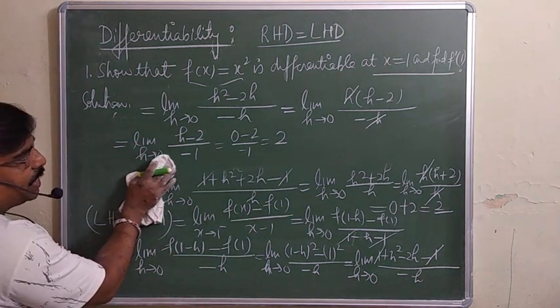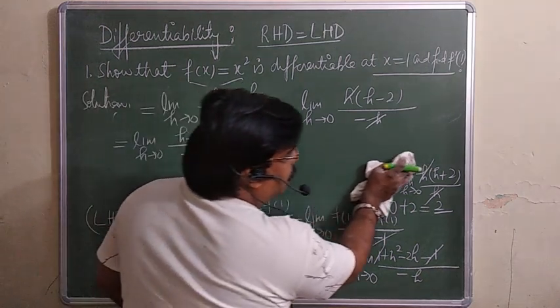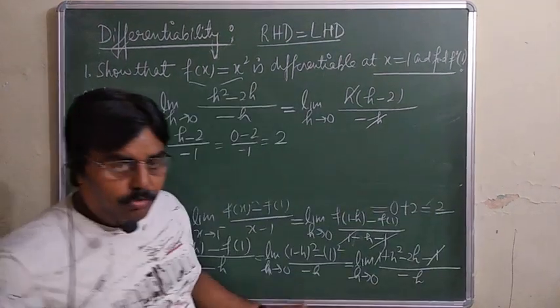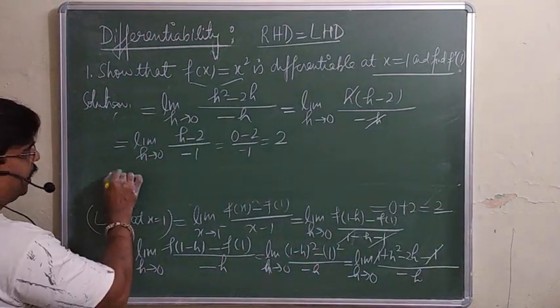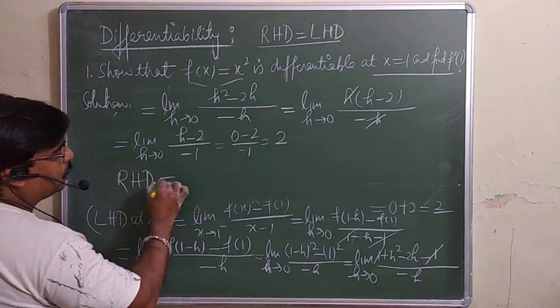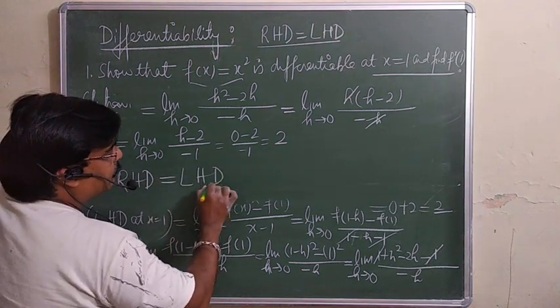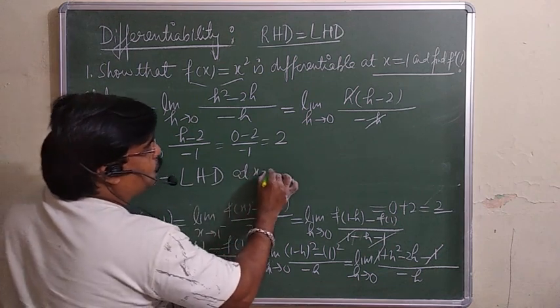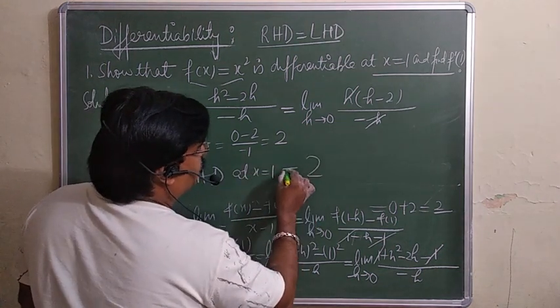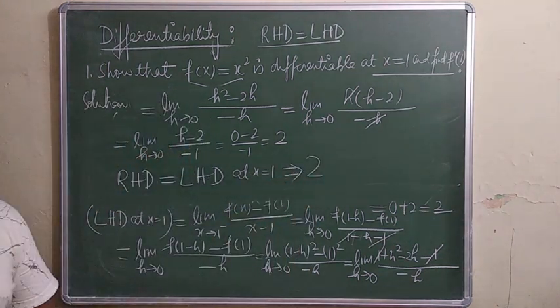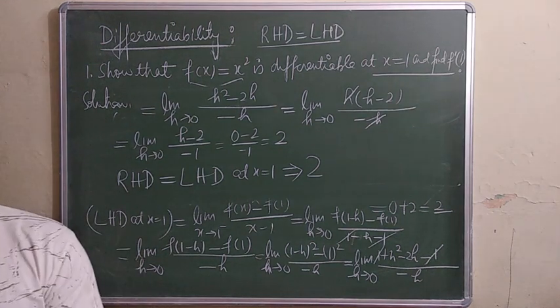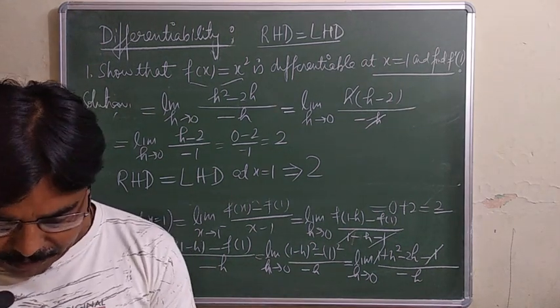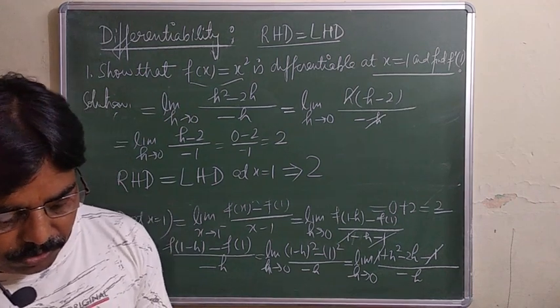So finally we are getting the left hand derivative also as 2. Here you are getting right hand derivative equal to left hand derivative at x equal to 1, which is 2. It means the value of f dash x will be equal to 2.